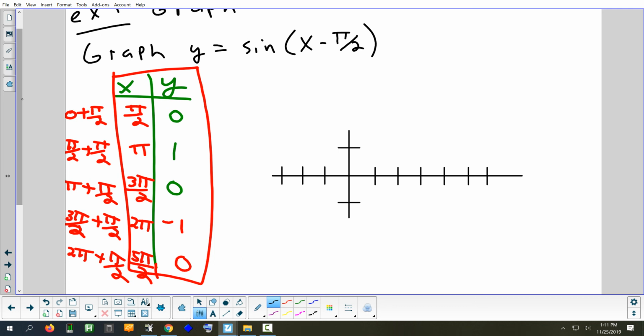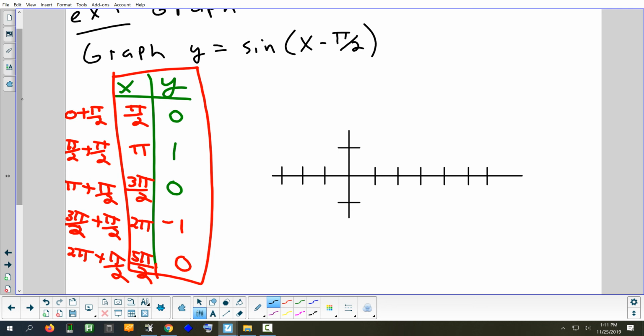Well, remember these values originally. 0, pi over 2, pi, 3 pi over 2, 2 pi. That was 0, 90, 180, 270, 360. Were those equally spaced to start with? Yeah. If you take a bunch of things that are equally spaced and shift them all together, are they still equally spaced? They are. So you can label your x-axis using the values in the x column.